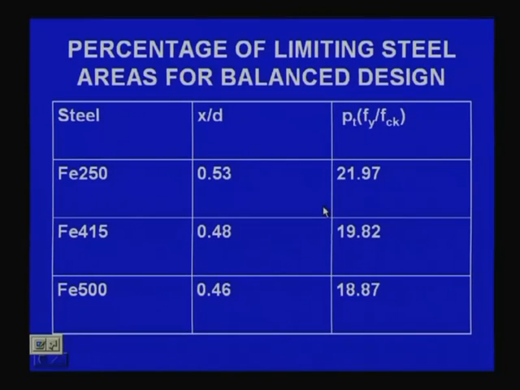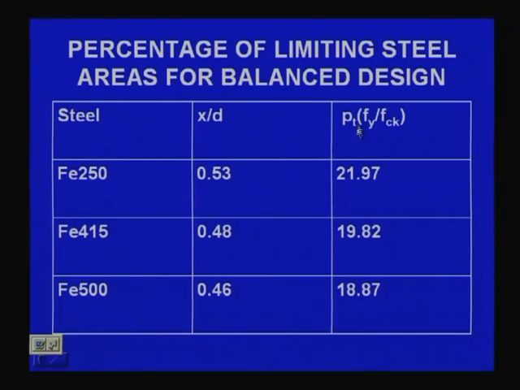Just to conclude this session, we shall say that for the percentage of limiting steel areas for balanced design, we can find out the derivation, other things I shall give you at a later stage. We can find out for different steel the Xu by D or X by D, whatever you say, and the percentage of steel.